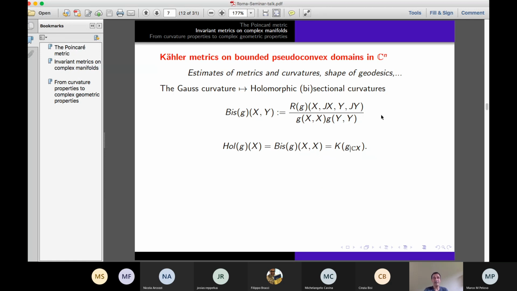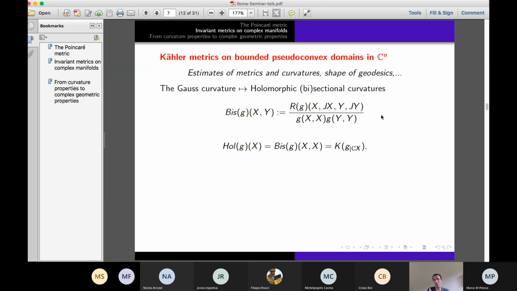The special case is where x and y are the same, and you get the holomorphic sectional curvature. The first one is called the holomorphic bisectional curvature, and the second one is called the holomorphic sectional curvature.